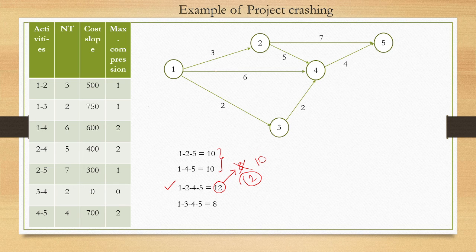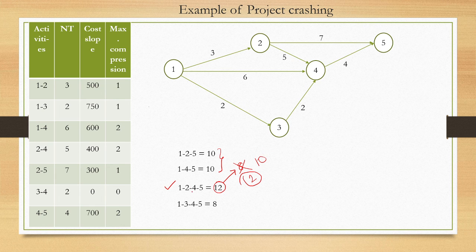If we select 1 to 2, the cost slope is 500 and maximum compression can be 1 day only. We cannot directly compress it by 2 days because maximum compression is given. If it is not given, then we can reduce it by 2 days.